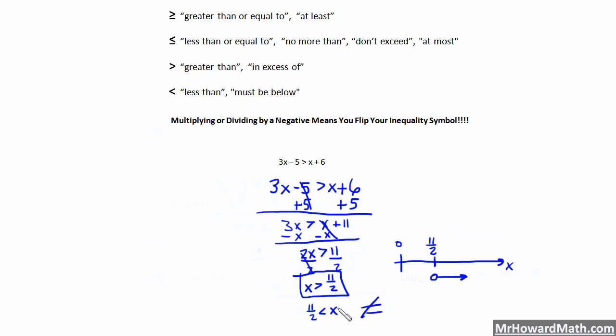If you ended with this right here and then you went x less than 11 over 2, no, that's not right. Make sure that if the little side is pointing at x here, the big side needs to point at x here. These two statements are now not equivalent, so don't do that. Alright, let's move on to one more example.